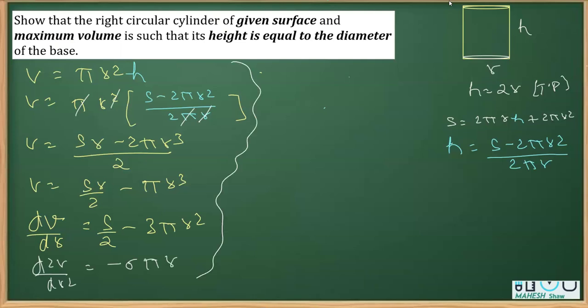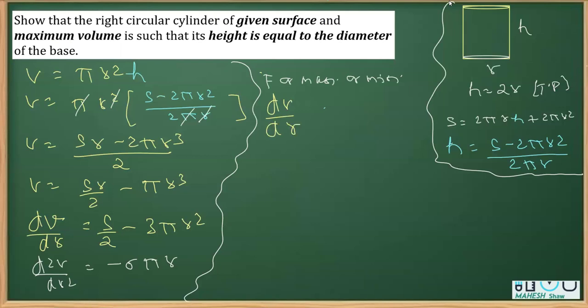Now let's continue from here. Now we'll equate this for maxima or minima. What you know is that for maxima or minima, the derivative, that is dV by dr, should be 0.